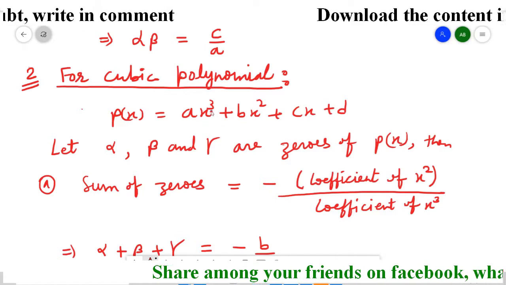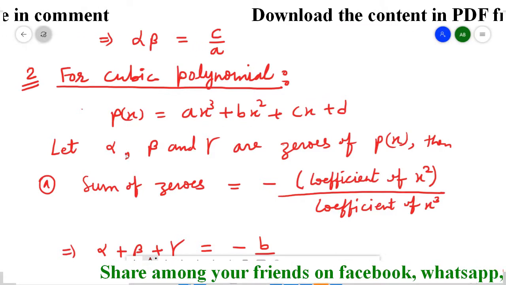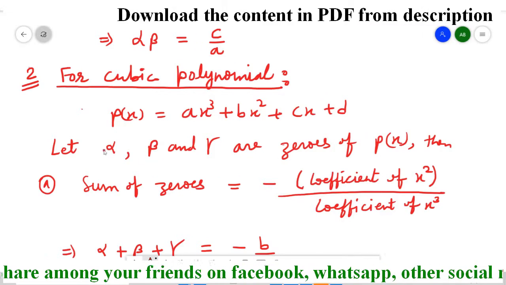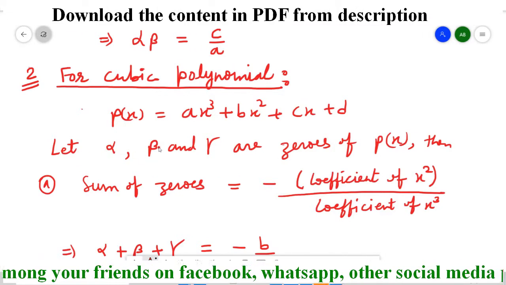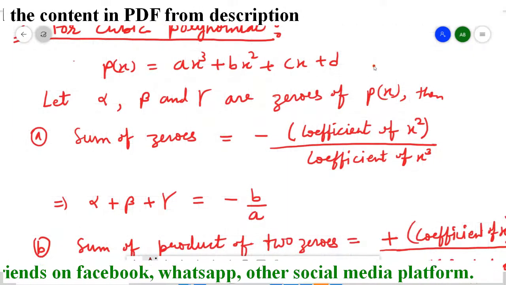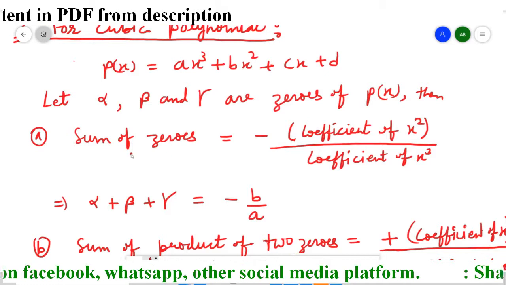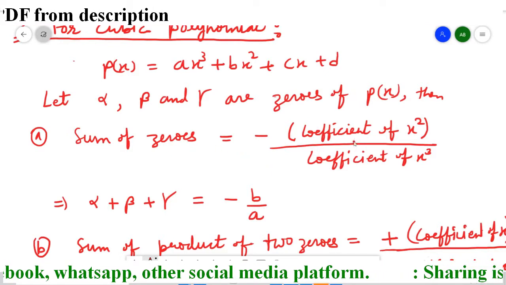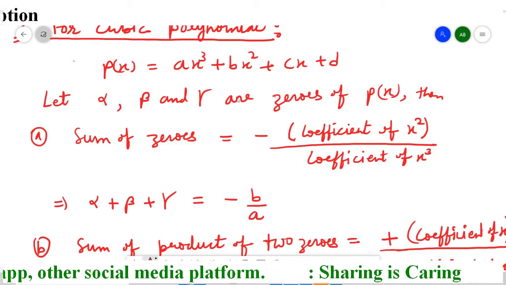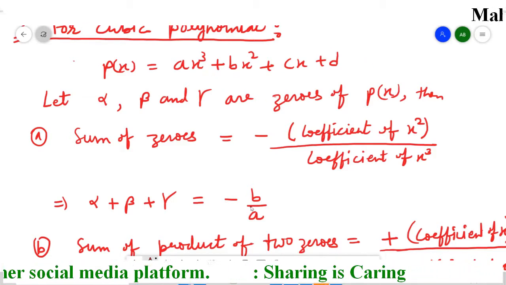Now, in a cubic polynomial, since the degree is 3, it has 3 zeros. So p(x) has 3 zeros, which we take as alpha, beta and gamma. Now the formulas. First, the sum of zeros is the same as in the quadratic polynomial, that is minus b upon a.